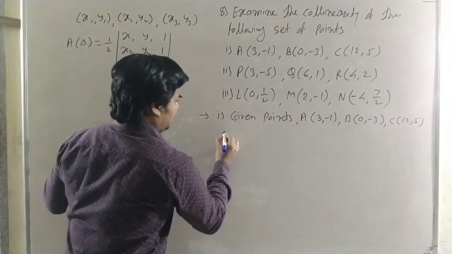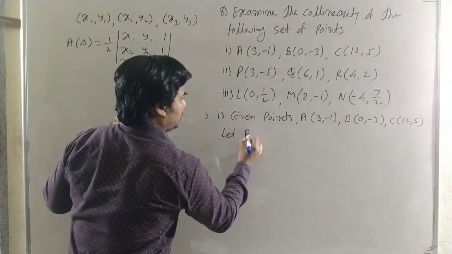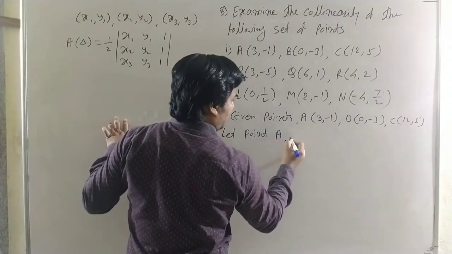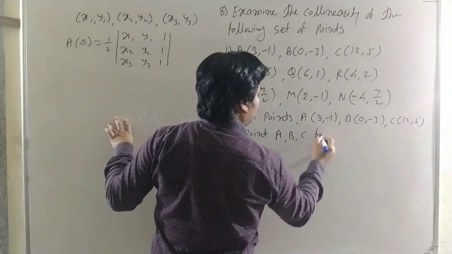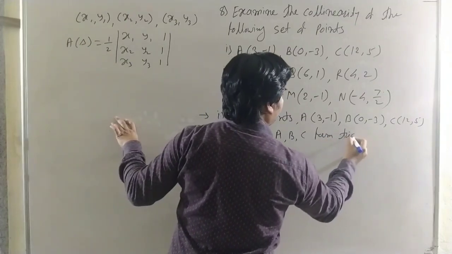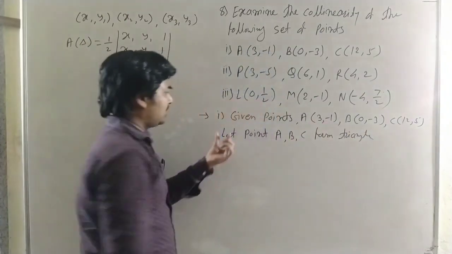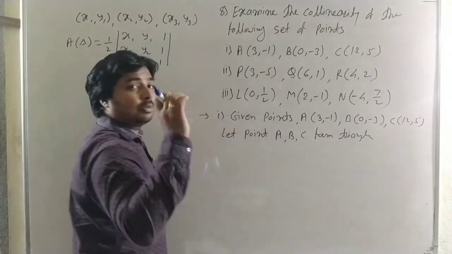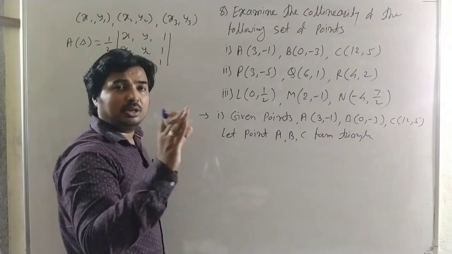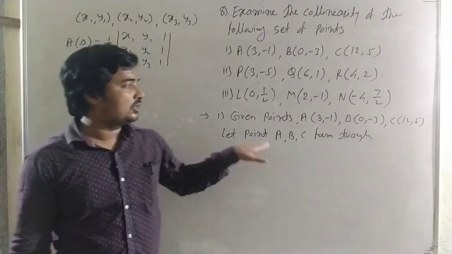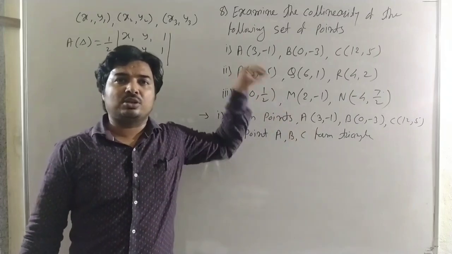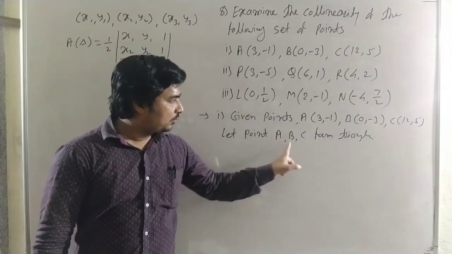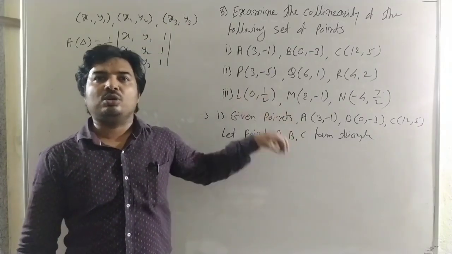Let us consider that A, B and C form a triangle, so we can find the area of the triangle. If the area of the triangle is 0, then the points are collinear, that is, these 3 points do not form a triangle.